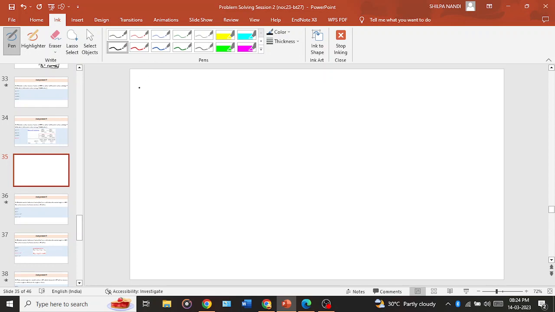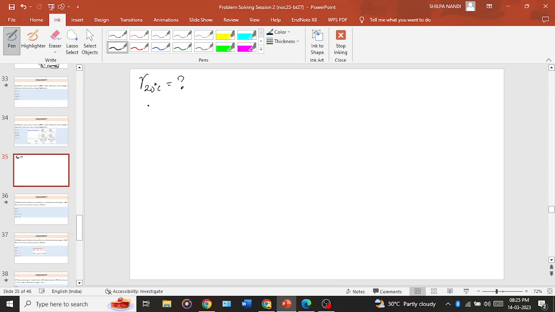Okay. So what do we have here? We need to find the gamma, the surface tension of water at 20 degrees. We don't know this term, right?